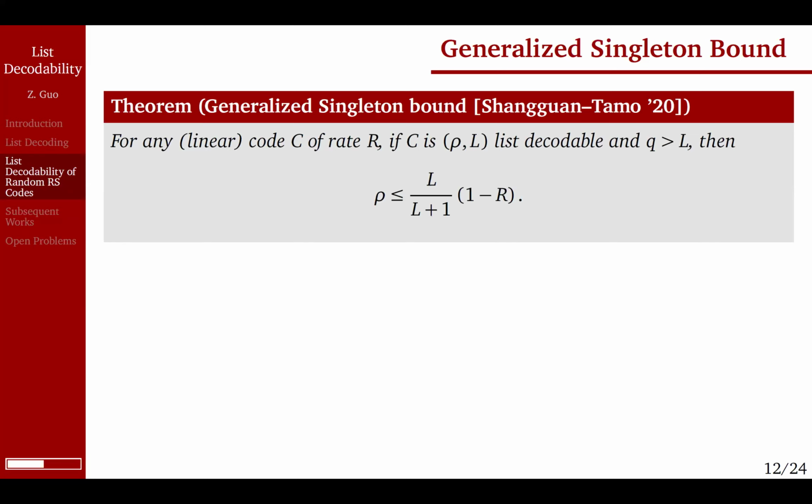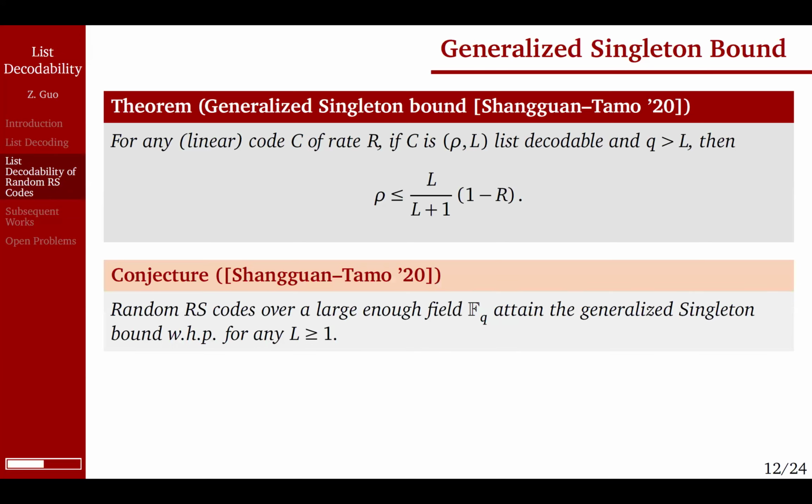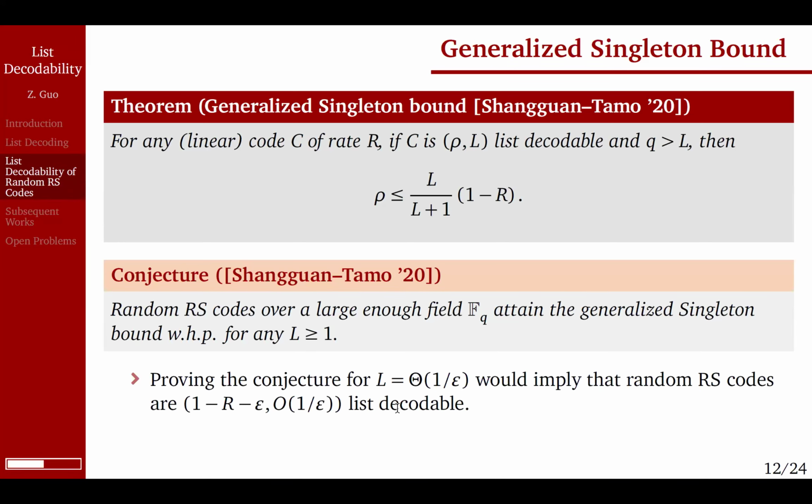This is a generalization of that for any L. If you choose L to be of order 1 over epsilon, then L over L plus 1 is like 1 minus epsilon.